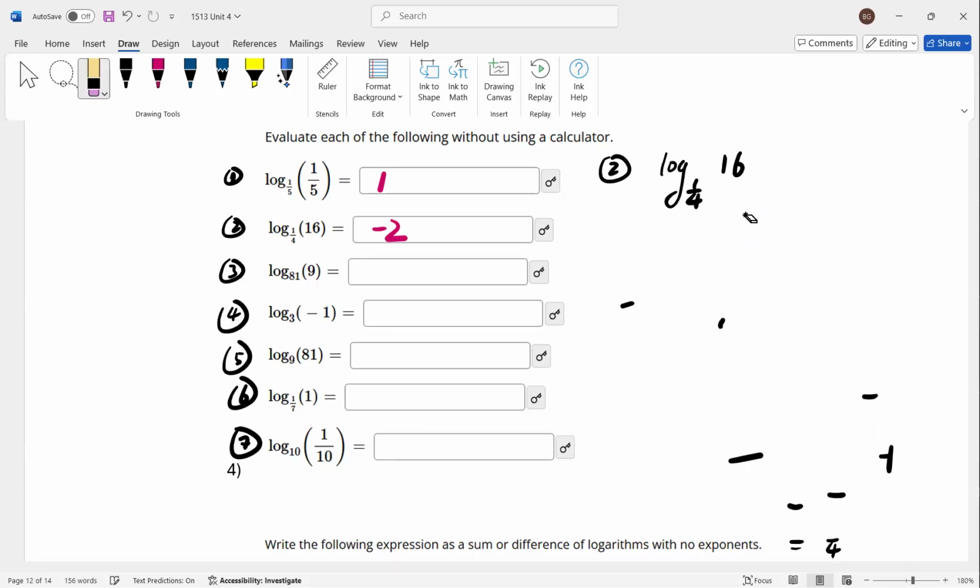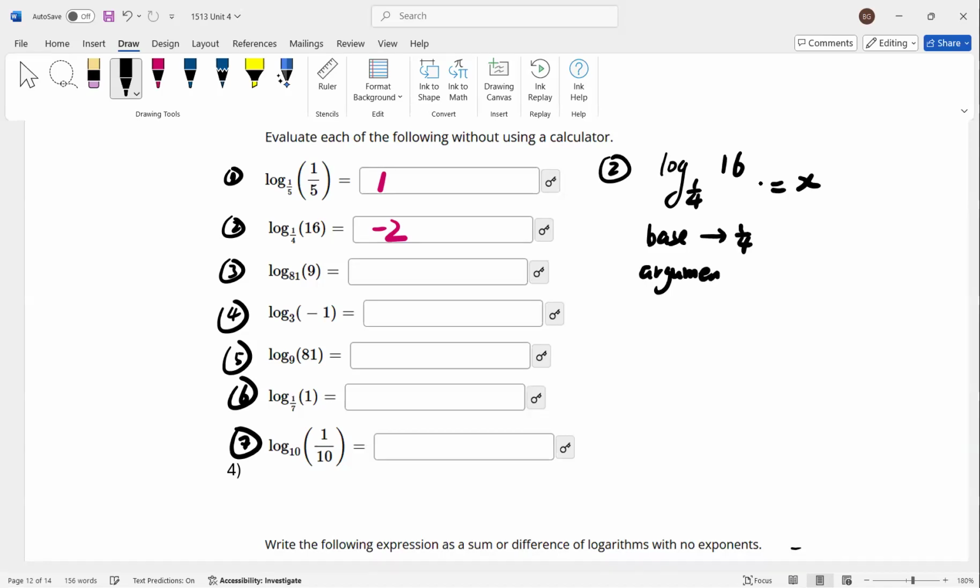We can try the method we learned last time. We can let this be x and then solve for x. The equation right now is in logarithmic form. We can rewrite the equation in exponential form. The base is 1/4, the argument is 16, and the log is x. So to convert, we raise the base to the power of the log, which equals the argument 16.